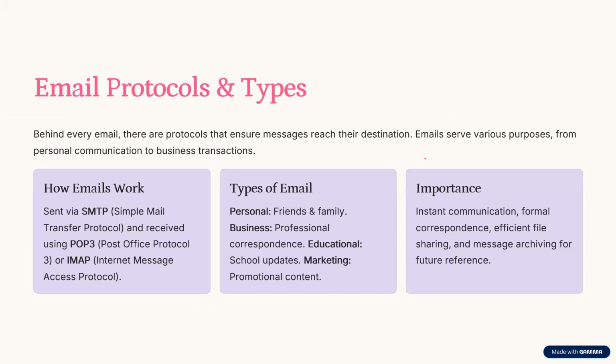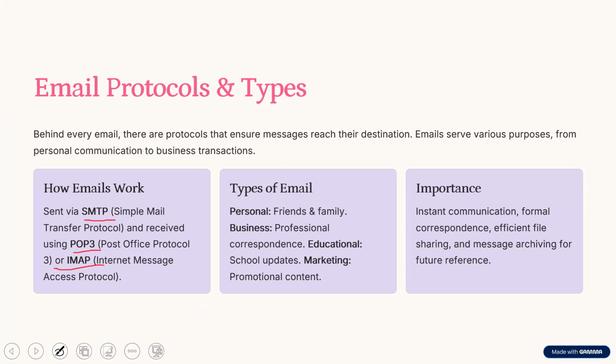But email works using what we call a protocol, SMTP, Simple Mail Transfer Protocol. It also uses what we call Post Office Protocol and then Internet Message Access Protocol. These protocols are just rules that help in the communication process between the mails.